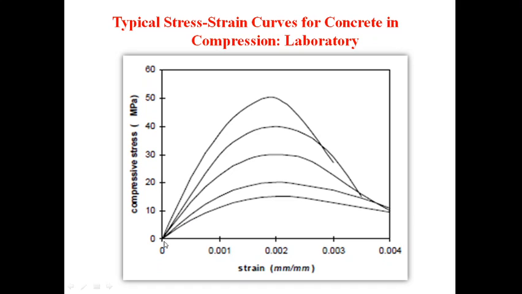Here on the y axis there is stress in Newton per mm square, and on the x axis there is strain, that is the decrease in length due to compressive load divided by original length. These are all the strains indicated up to failure: 0.001, 0.002, 0.003 and 0.004 compressive strains.